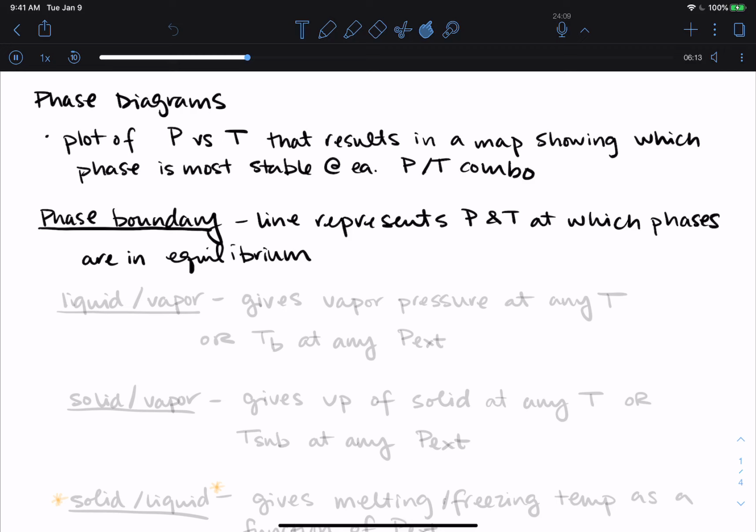So, for example, on the liquid vapor line, which sometimes you'll see the gas phase listed as the vapor phase, sometimes you'll see it listed as gas. I'm fine with you using either. I just want you to know what you might see when you go look at phase diagrams. So the liquid vapor or the liquid gas line, it can give you the vapor pressure at any temperature.